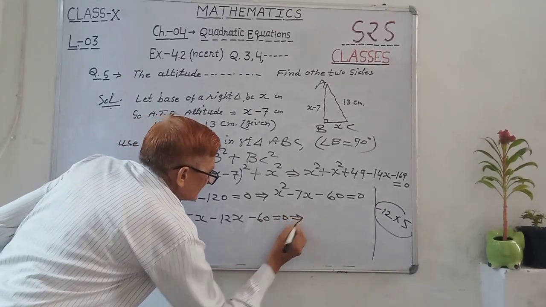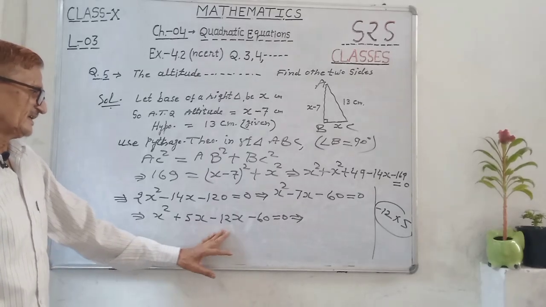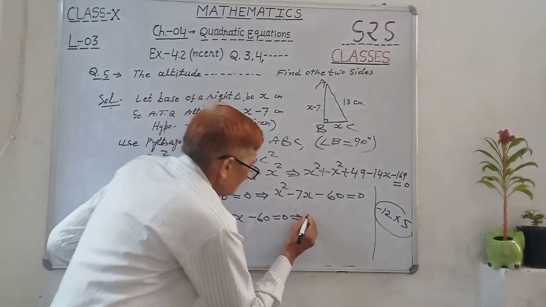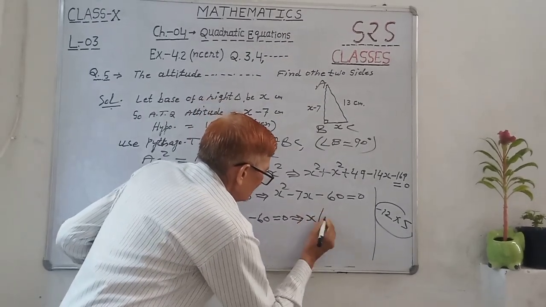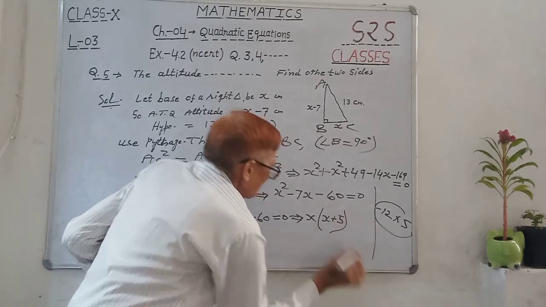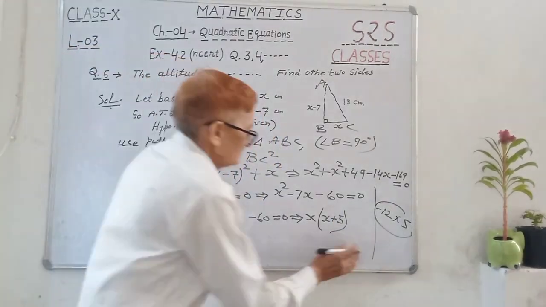This implies, middle term splitted. Now two terms common factor: x is common in the first two terms, then x plus 5, and in the next two terms minus 12 common.